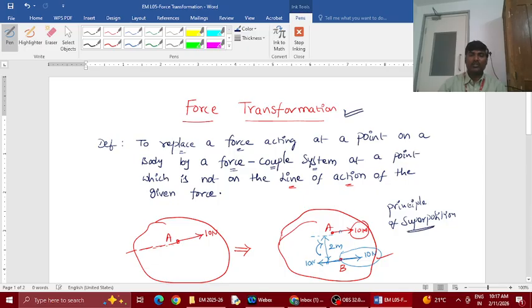Adding or removing two equal and opposite forces is nothing but you are not doing anything here. It's 0. 10 minus 10 is 0. So you are not changing the given force system. This is how the principle of superposition is helping you in force transformation.